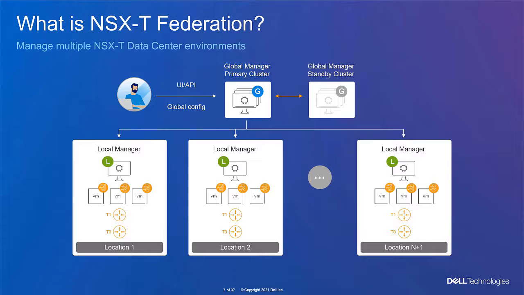As we can see here on the screen, if you wanted to push out new firewall configurations to one or multiple local managers, you're going to do this as an administrator from the global manager. This is unique because instead of having to log into each one of those NSX managers as before, now we can just log into the global manager to accomplish that. And Cory's going to show us that here in just a bit.